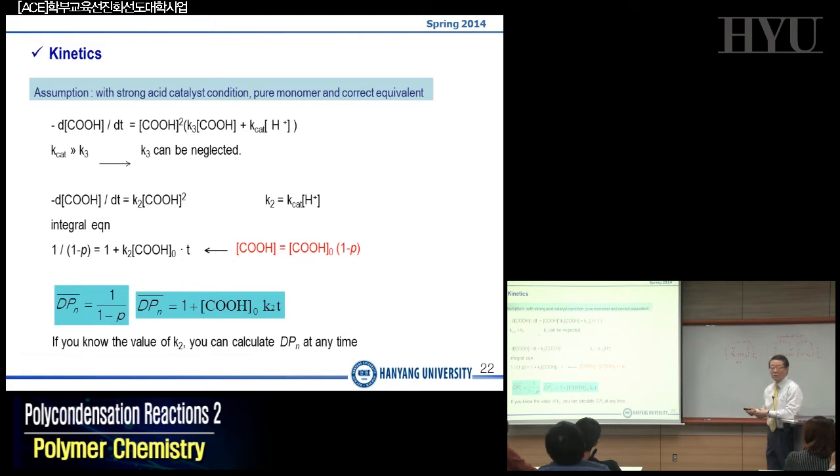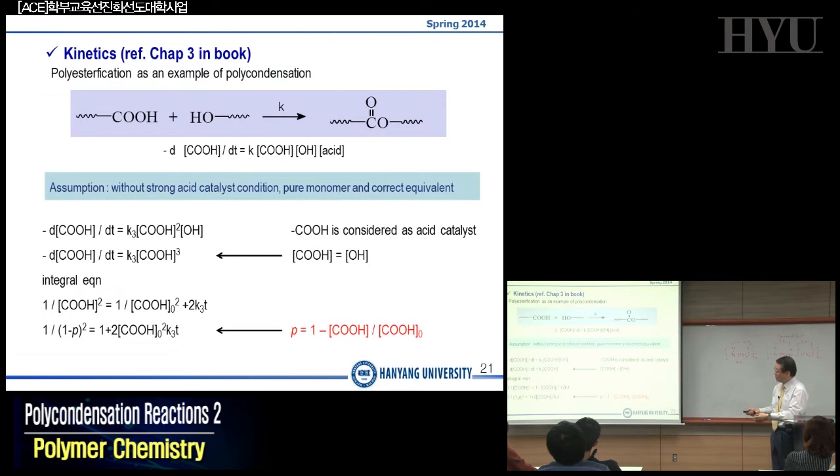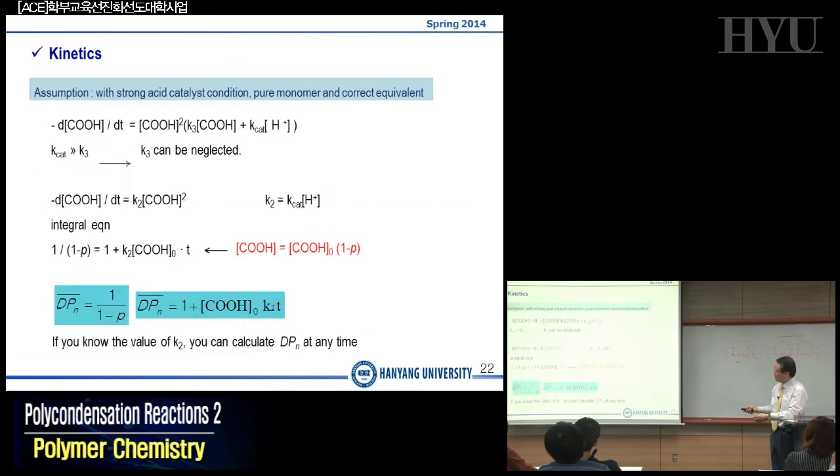Now, the equation here in this case is a little different. These two equations come from different assumptions, where the first equation is where we have a strong acid, which is not negligible. The second case is where the acid concentration is negligible.